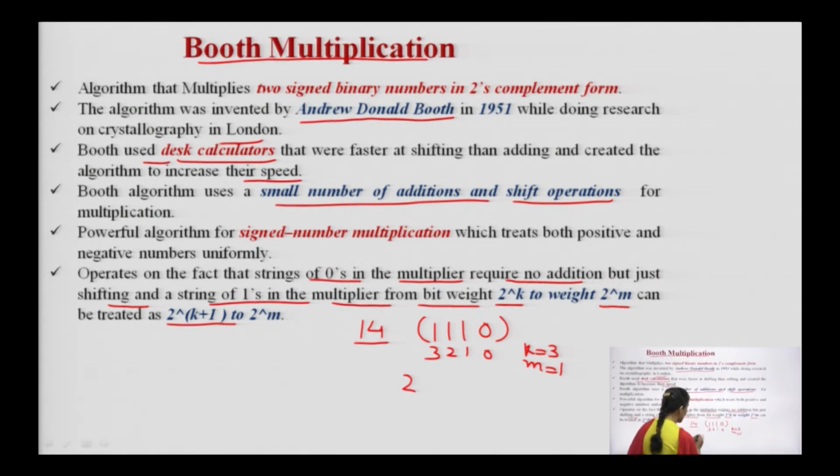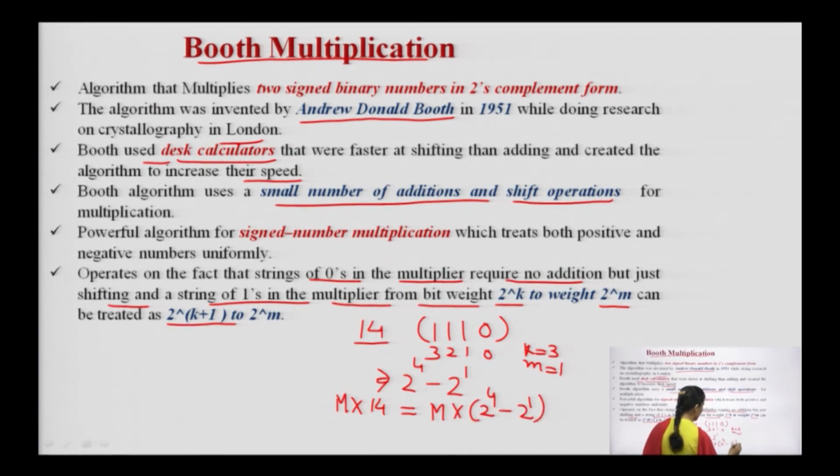So, this 14 is represented as 2^4 minus 2^1. That is, if I have to multiply any number M with 14, then I will write M cross 2^4 minus 2^1. That comes out to be M cross 16 minus M cross 2.